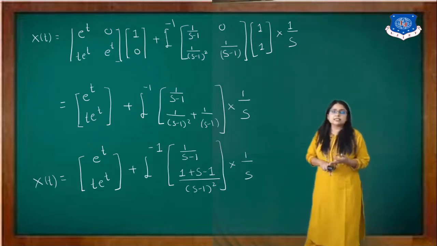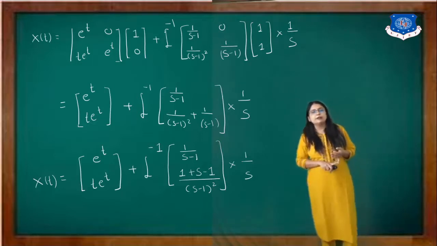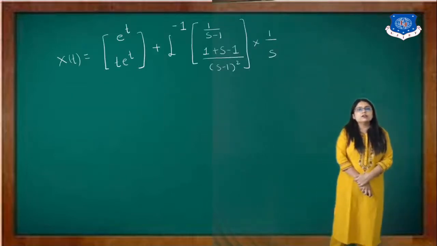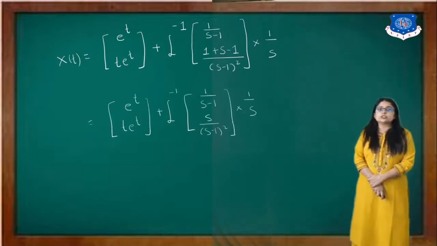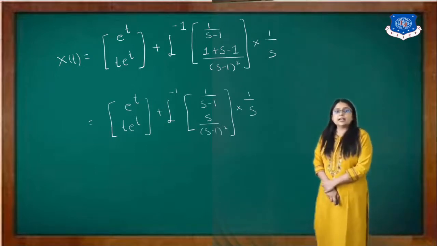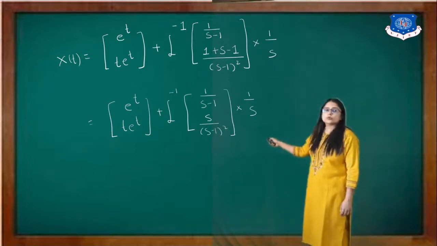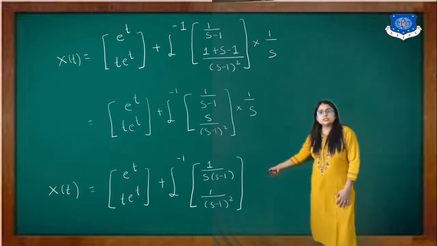So 1 plus s minus 1 upon s minus 1 whole square multiplied by 1 by s. So what we have? This, that is e raised to t into t e raised to t, Laplace inverse of 1 upon s minus 1, then s into s minus 1 whole square. Now multiply this with the 1 by s. So we will get this.